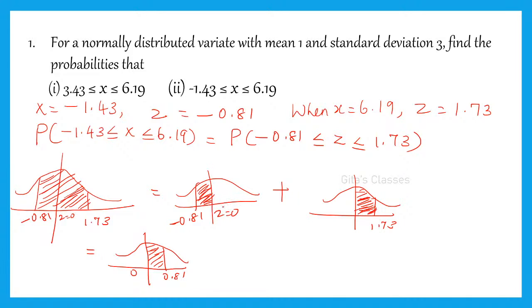It will be reflected, right? So 0.81 this area plus 1.73 this area. Now I can find this from the table, and this also from the table.